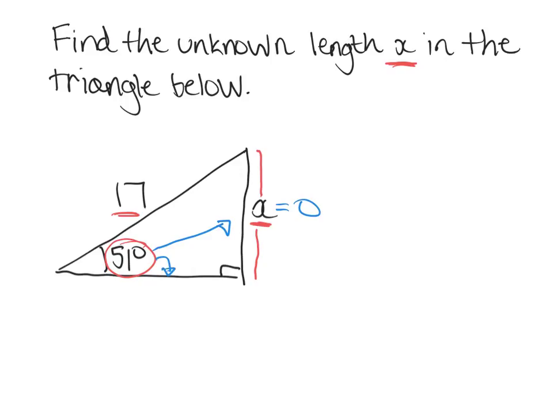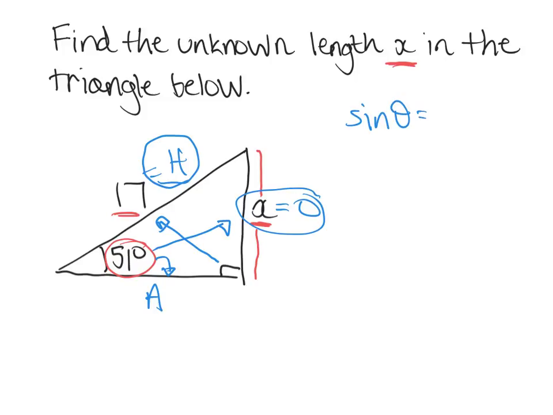Right next to the reference angle is the adjacent side, and opposite the right angle is the hypotenuse. We know the length of the hypotenuse, and we want to know the length of the opposite side. Which formula involves the opposite side and the hypotenuse? If you look back through your formulas, it's the sine formula.